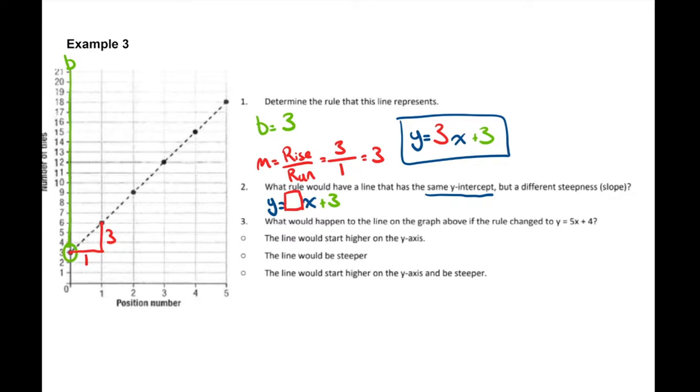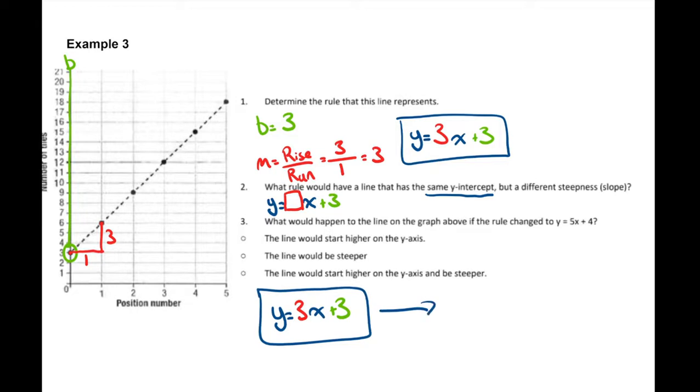For the next question, what would happen to the line on the graph above if the rule changed to y equals 5x plus 4? So that means going from y equals 3x plus 3, we change that to y equals 5x plus 4.